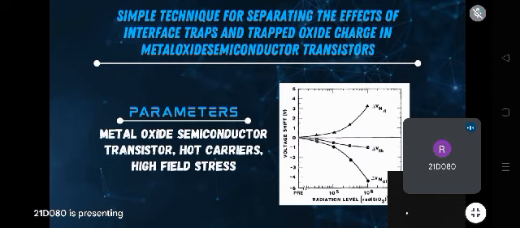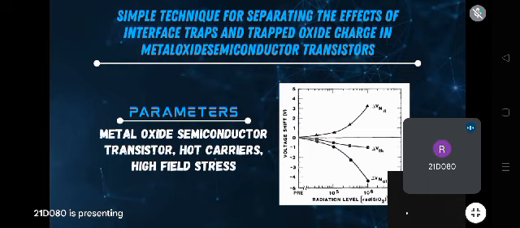Okay, coming to the different slides of comparison, we are going to see about a simple technique for separating the effects of interface traps and trapped oxide charge in metal oxide semiconductor transistors.